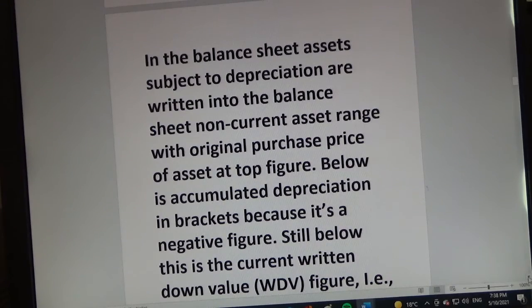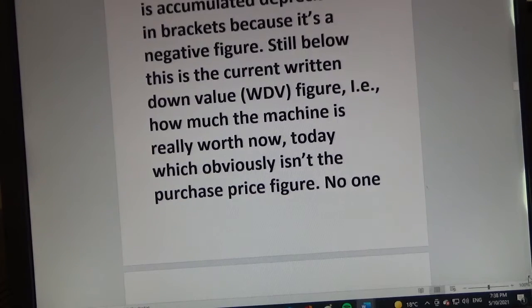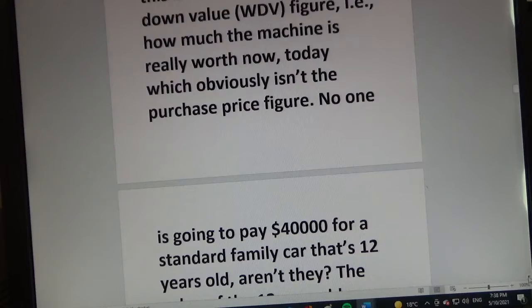We put in the current written down value figure of the asset. How much the machine is worth today, written down value, after some of its value has been written off with some years of depreciation in its life.